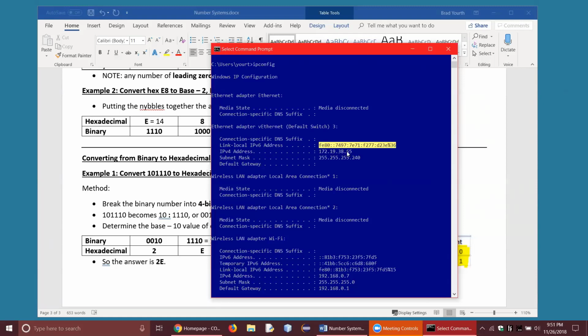Notice F and E in a few places. There's a D and an E. Now they're lowercase. It's not unusual for hex numbers to be in lowercase instead of uppercase. So one of the reasons that we need to understand hex is to understand that IP version 6 addresses are going to show up in hex.